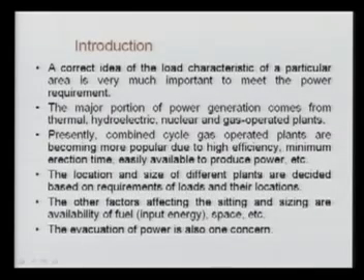We must know the load characteristic correctly, so that we can meet that power requirement with the minimum cost. The major portion of power generation comes from thermal, hydro, nuclear and gas operated plants. These are also known as the conventional power plants.